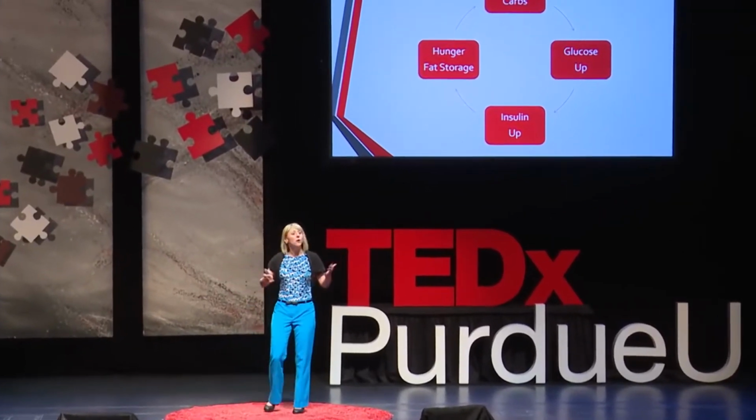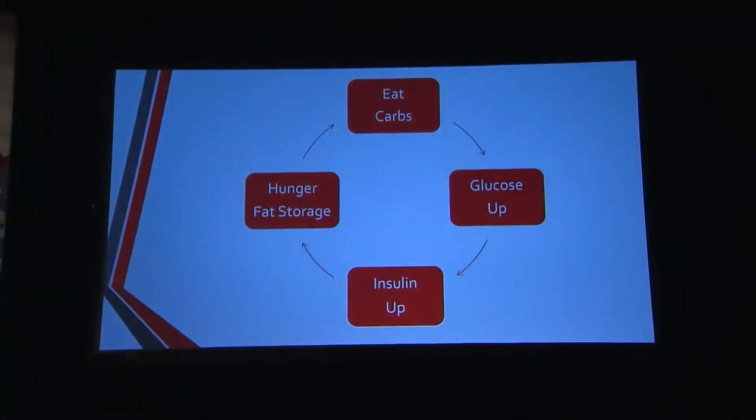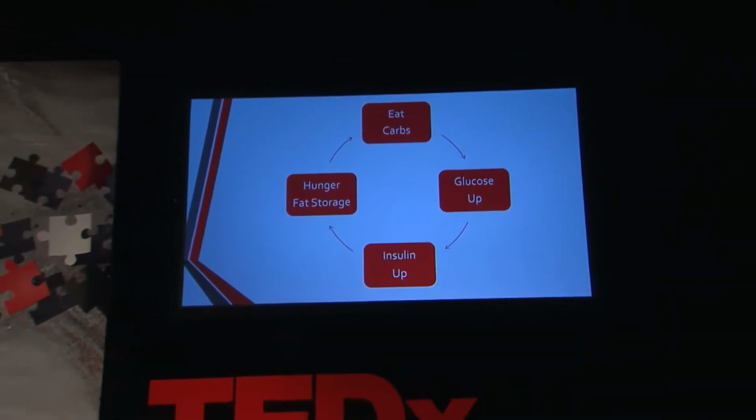Why? Well, because the rice in that meal caused glucose and insulin to skyrocket, which triggered hunger, fat storage, and cravings. So, if you're insulin resistant to begin with, and your insulin levels are already higher, you really are hungrier all the time. And we have this set up. Eat carbs, your glucose goes up, your insulin goes up, and you have hunger and fat storage.